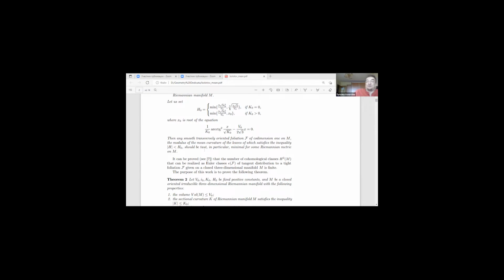What is taut? A taut foliation is a foliation for which there is some Riemannian metric on the manifold such that all leaves are minimal.